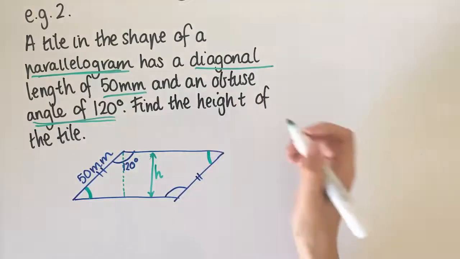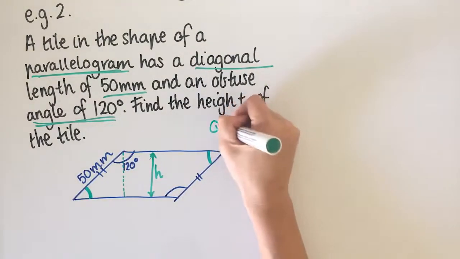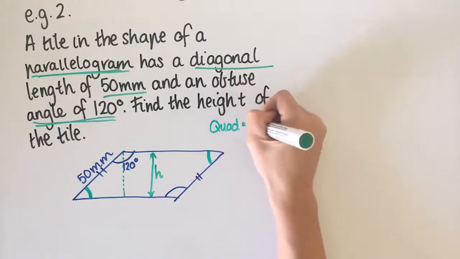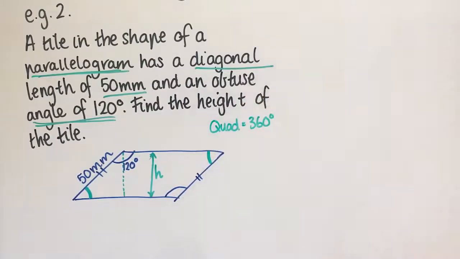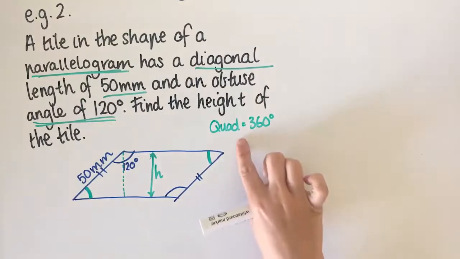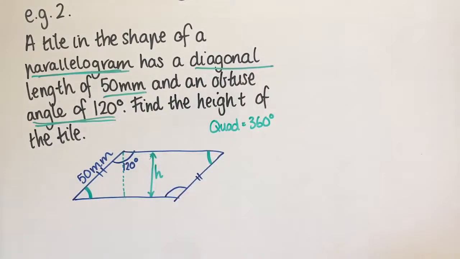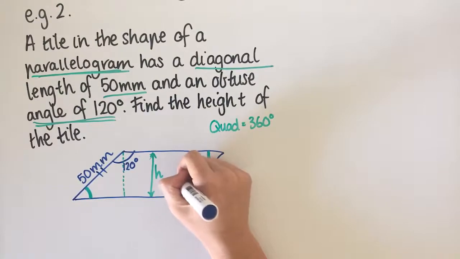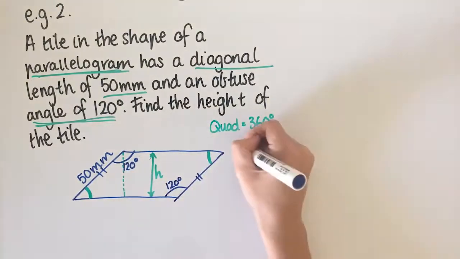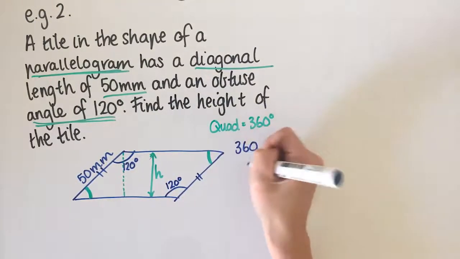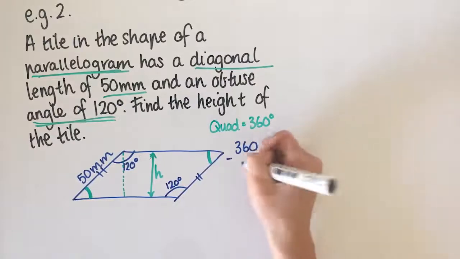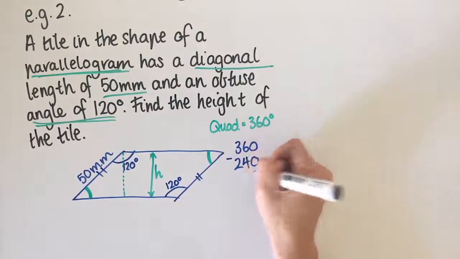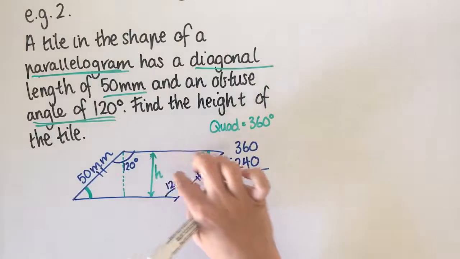So what I know about quadrilaterals, so any four-sided shape, is that all of their angles add up to 360 degrees. So I'm going to use my knowledge of quadrilaterals to try and find out what those two angles are. This, as I said, is already going to be 120 degrees. So I'm going to have 360 take away 240, and I got 240 by adding these together.